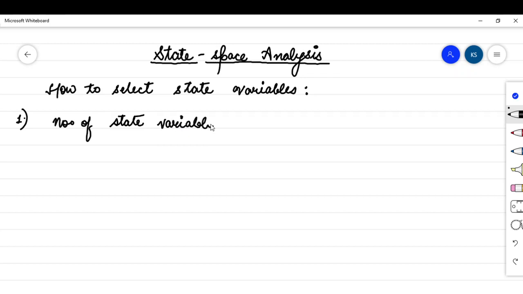That is, if there are no storage elements in a circuit, we are not able to formulate a state space model. So, number of state variables is always equal to number of energy storage elements.